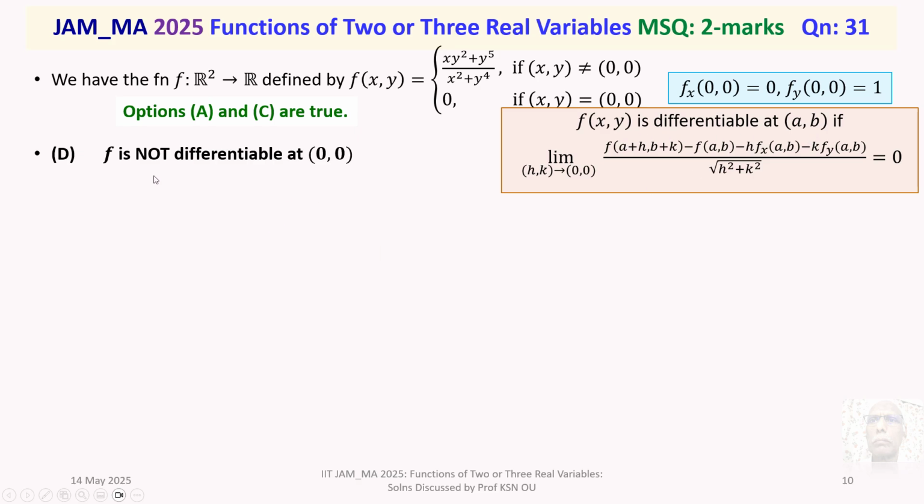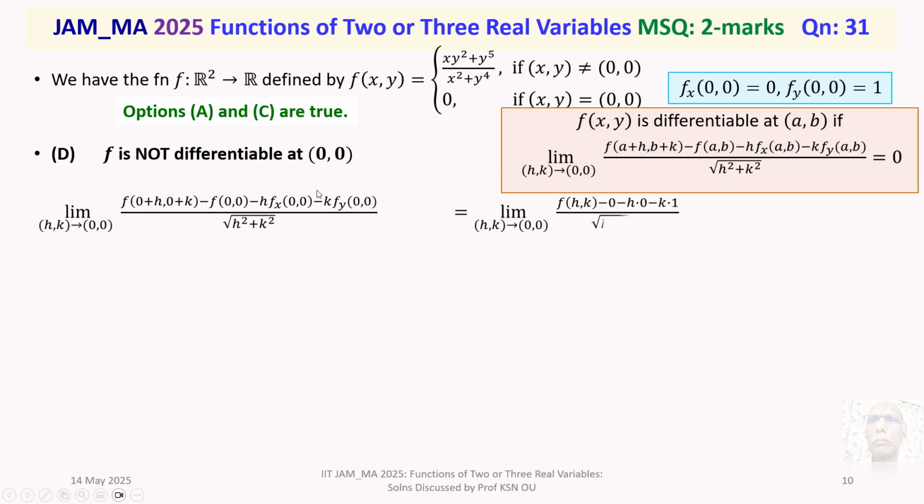So we have to talk about differentiability at 0, 0. So you put a is equal to 0, b is equal to 0 in this. Limit h comma k tends to 0, 0 of, in this, put a is 0, b is 0. In this, f of 0, 0 is 0, fx at 0, 0 is 0, fy at 0, 0 is 1.